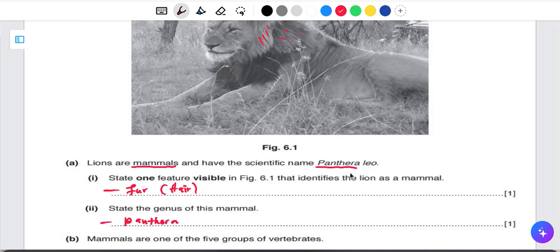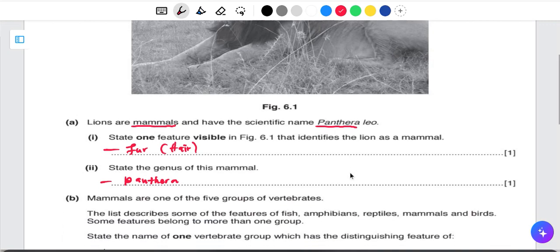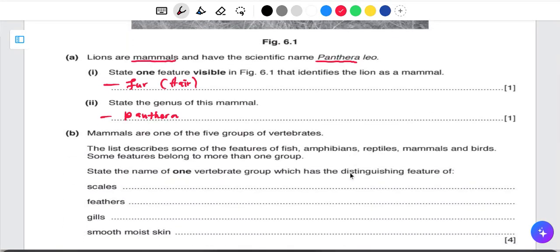Alright, so question B is saying mammals are one of the 5 groups of vertebrates. The list describes some of the features of fish, amphibians, reptiles, mammals, and birds. Some features belong to more than one group. State the name of one.